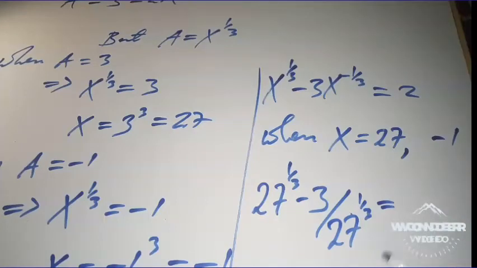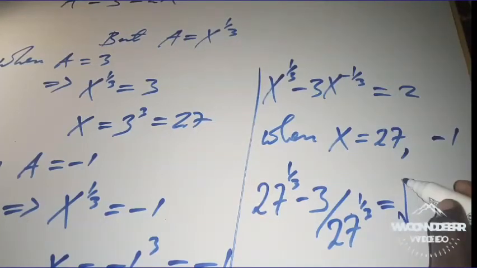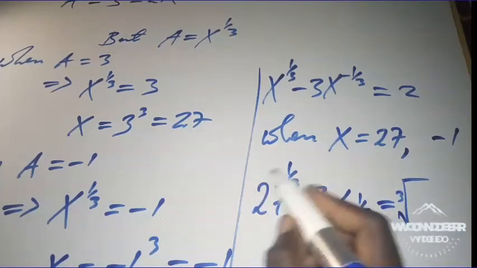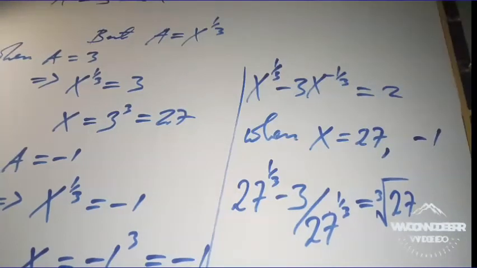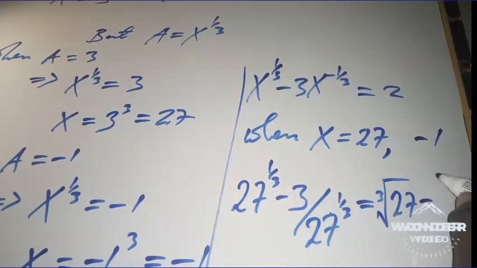This is the cube root of 27 minus 3 divided by the cube root of 27.